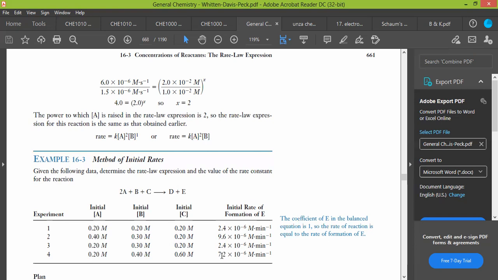So if you check 0.2 and 0.6, there is a change by a factor of 3. So the concentration here is changing by a factor of 3. Then I check, is the rate changing by the same factor?